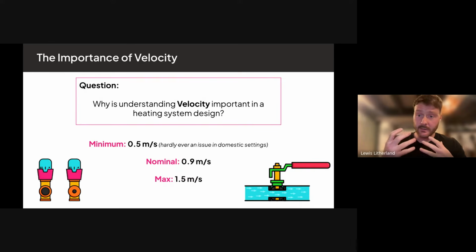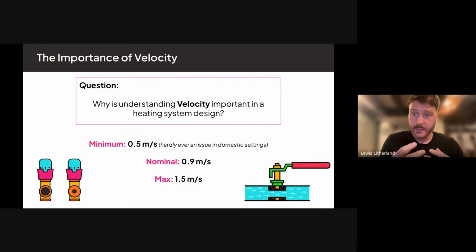And again, these numbers are vitally important just to understand what's actually going on here, what kind of area you're trying to get into. And then a minimum, and you can probably see in the brackets as I read through, we indicate a minimum of 0.5 meters per second. But again, you'll realize this through the course that a lot of times Heat Geek are saying that that's hardly ever an issue in a domestic setting, probably because of the size of the systems and things like that.